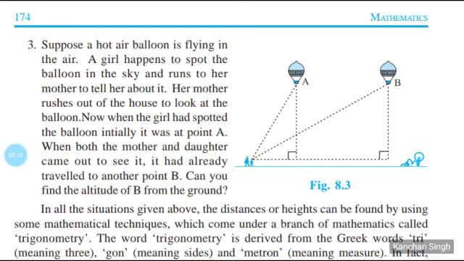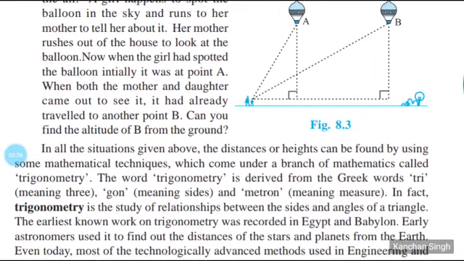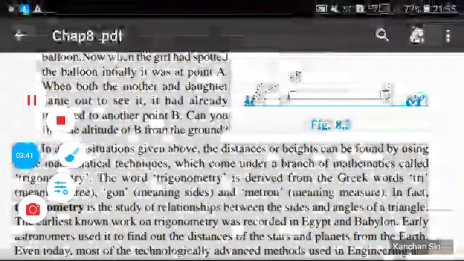For such situations, in all the situations given above, the distances or heights can be found by using some mathematical technique. Our mathematicians have given us a new technique, and that technique is called trigonometry.